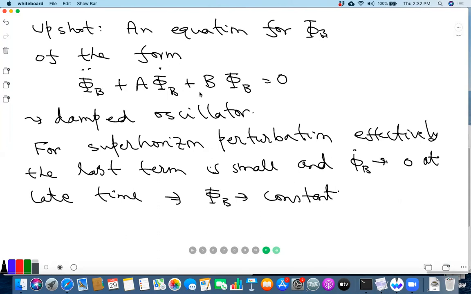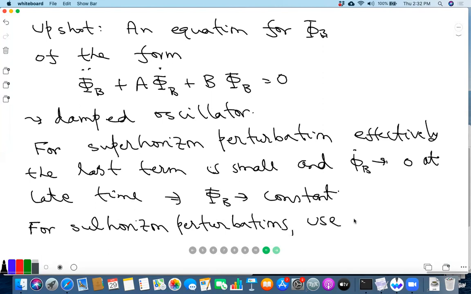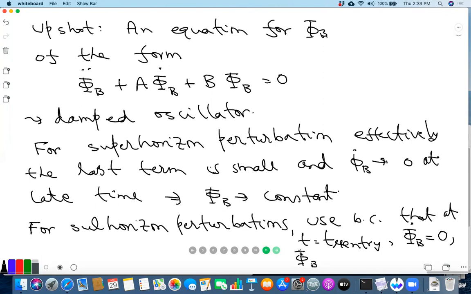So when we try to solve this, we can put the boundary condition at the re-entry point, for sub-horizon perturbations. Use the boundary condition that at t equal to t re-entry, phi b dot is 0 and phi b was some constant multiple of r.